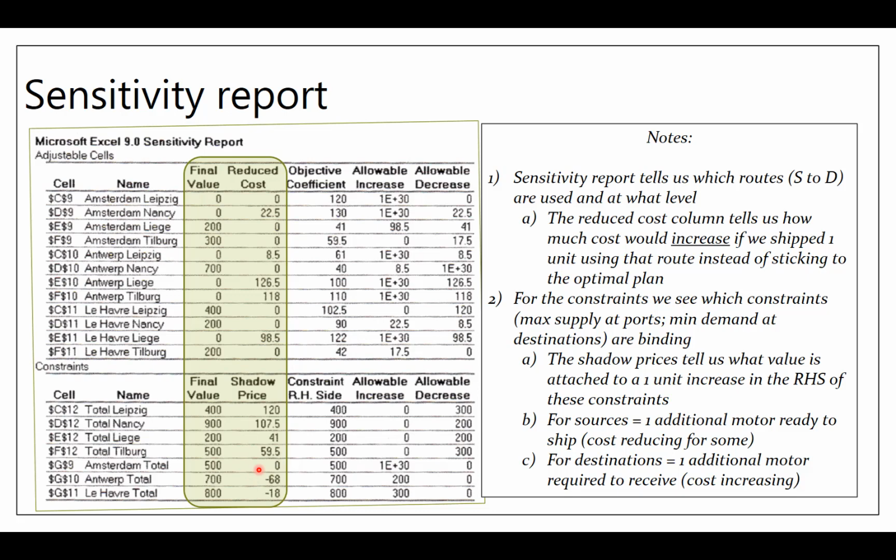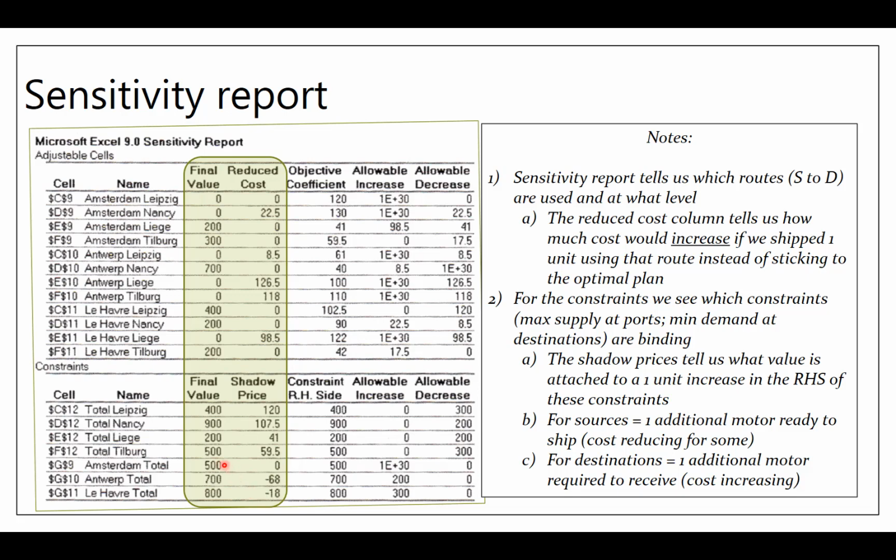And so the negative values here have an interpretation of cost reduction. Basically it says, if you have one more motor ready to ship today from Antwerp, this number goes from 700 to 701, then you could reduce the total cost by $68. If you have one more motor ready to ship out of Le Havre, all else equal, you could lower your total cost by $18.